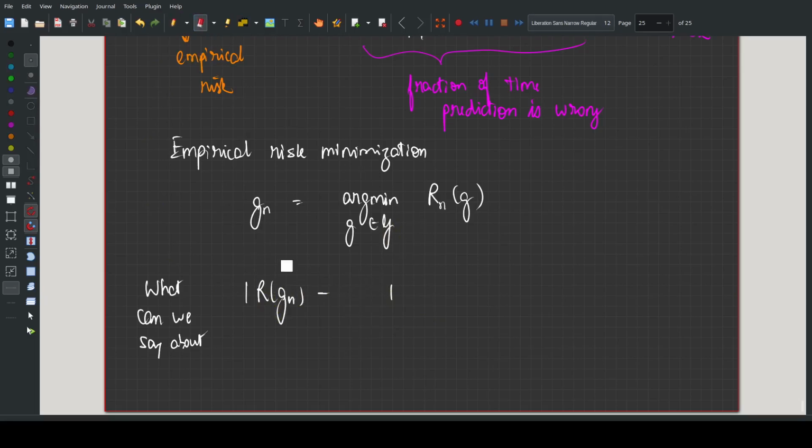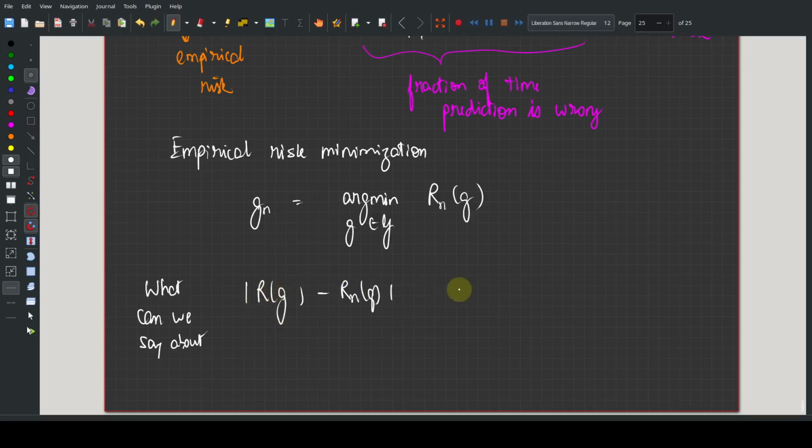Try to do this particular R of G minus Rn of G. Sure, but can I say something more?